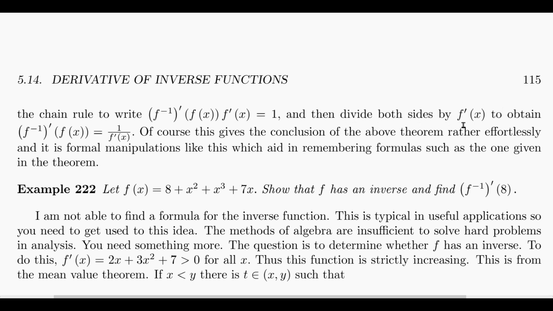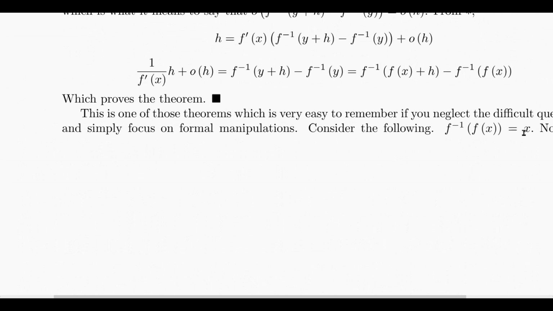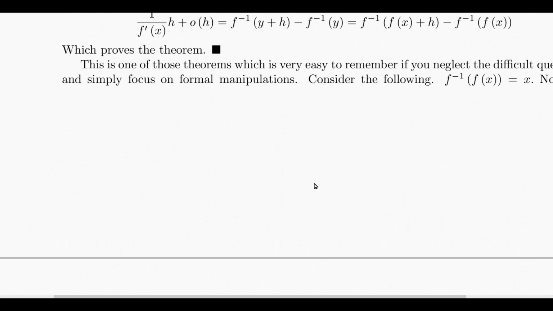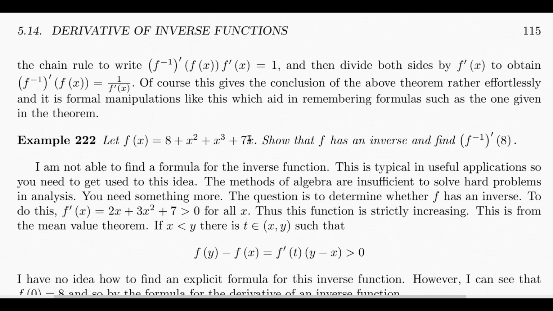Divide both sides by this because it's not 0, and then you get this formula. So this is very easy to use, to remember. And some of us like to remember it in terms of these formal symbol manipulation ideas because they're easy to work with.